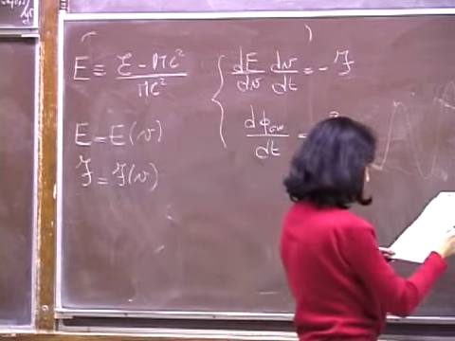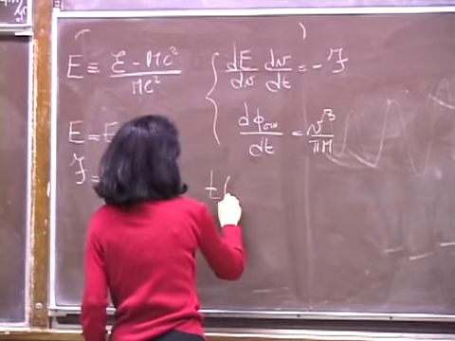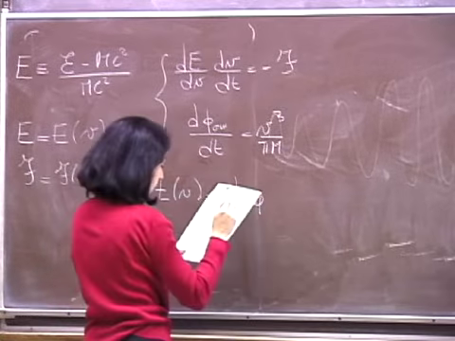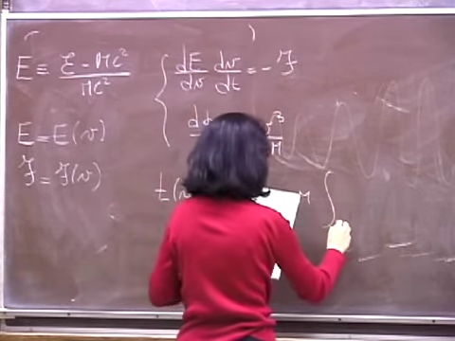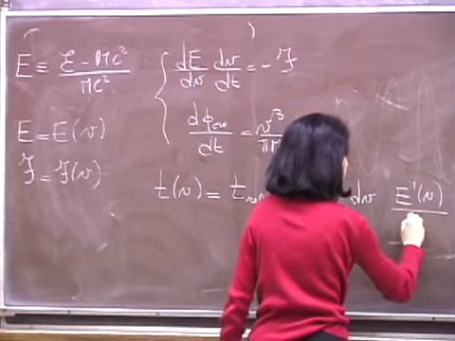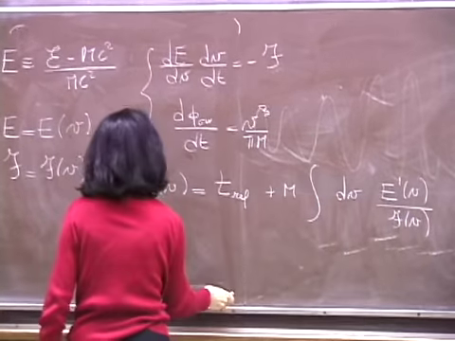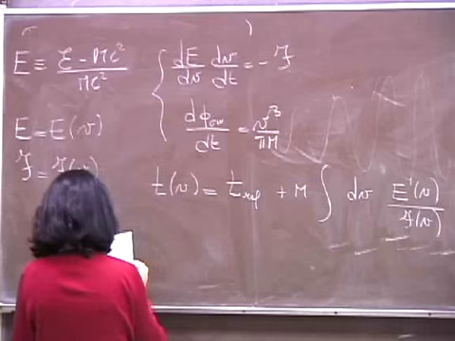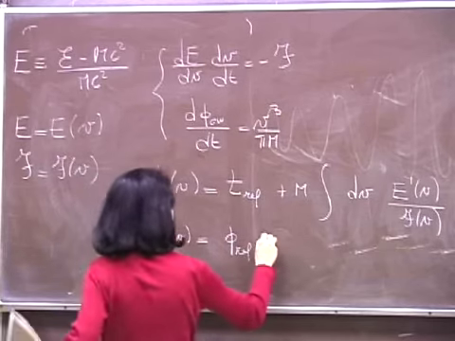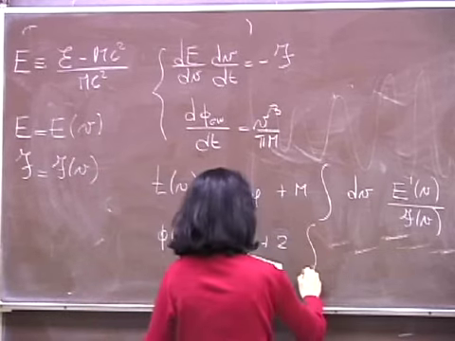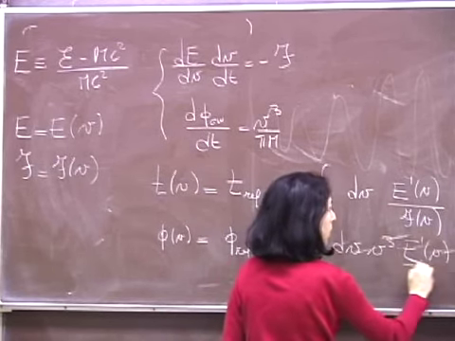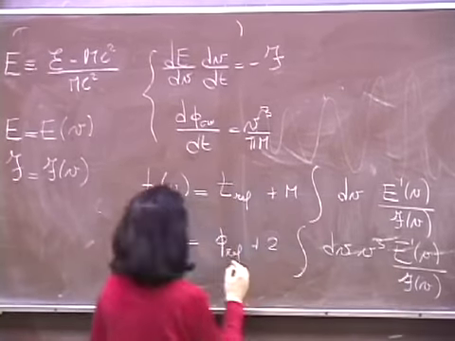At the end, what you get is that, for example, t will be t at a certain reference point plus an integral.